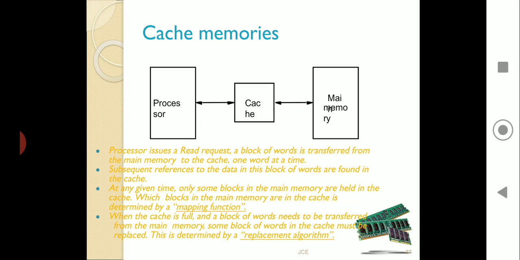That is, you need to decide which data is of higher priority and which data is of lower priority. The data which is of lower priority has to be removed and the data which is of higher priority has to be kept. That policy has to be determined, which is called the replacement policy. Okay, so even this we will be trying to look at in this whole chapter.